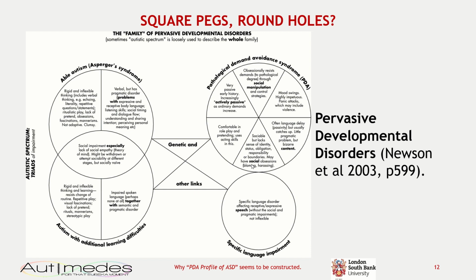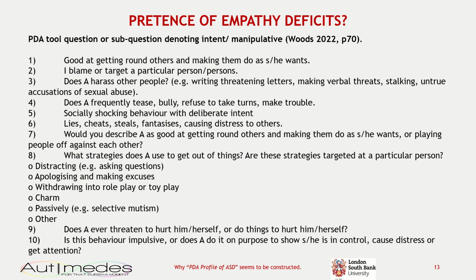It's also interesting that the obsessive behaviour is more focused on demand avoidance, and secondarily on targeting people with harassment, etc., than on people naturally. So this is a consistent view from Newton that PDA has relatively intact, if not fully intact, theory of mind and empathy, while autism does not.